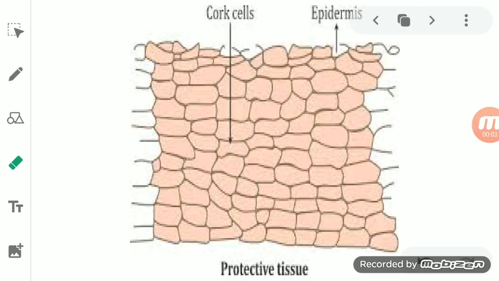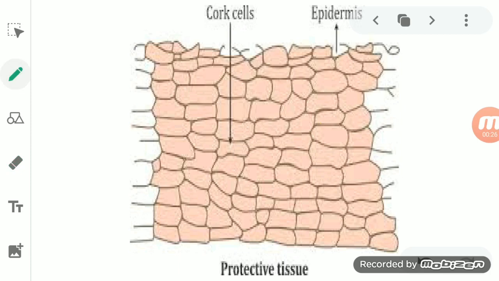Now we have studied all the different tissues present in the plant. Now we will see some of the protective tissues present in our plant. Protective plant tissue includes two things. The first one is the epidermis.